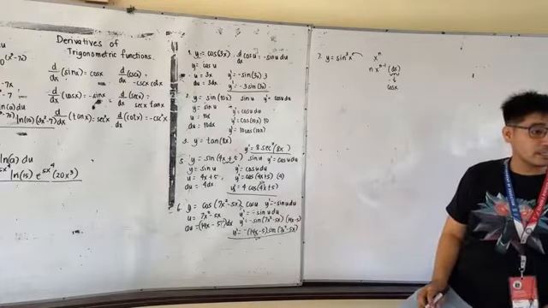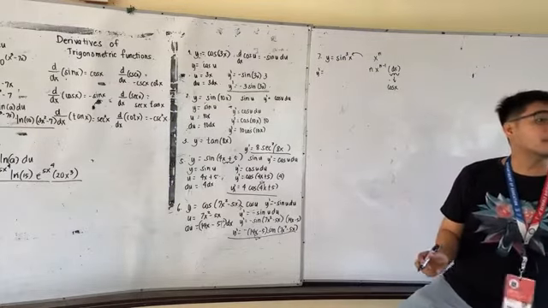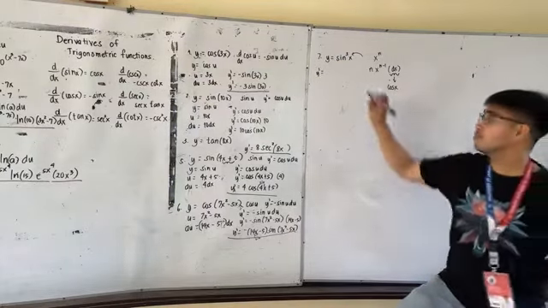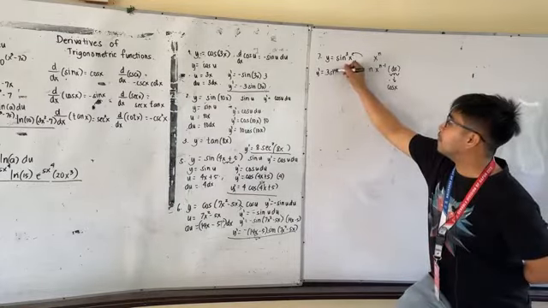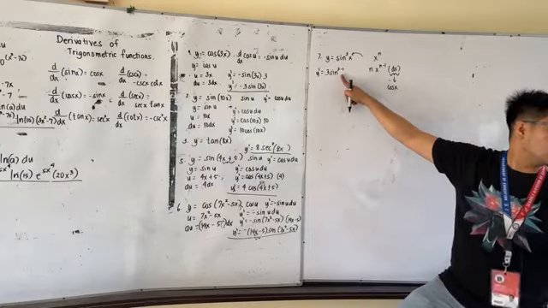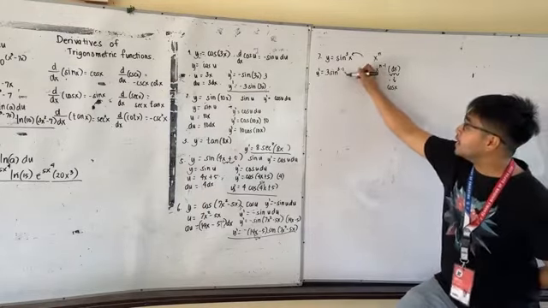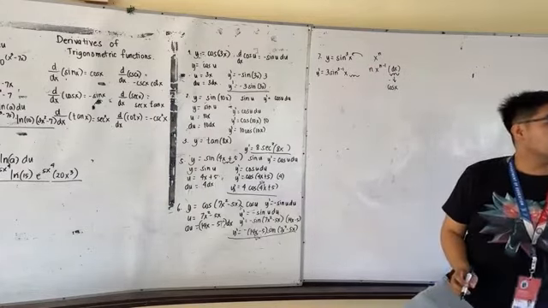Are we clear? Okay, therefore, our y prime now is equal to what happens to the exponent? Bring down the exponent. Copy the given, but subtract 1 from the exponent. And then, ano yung i-multiply natin doon? Derivative nung sine.